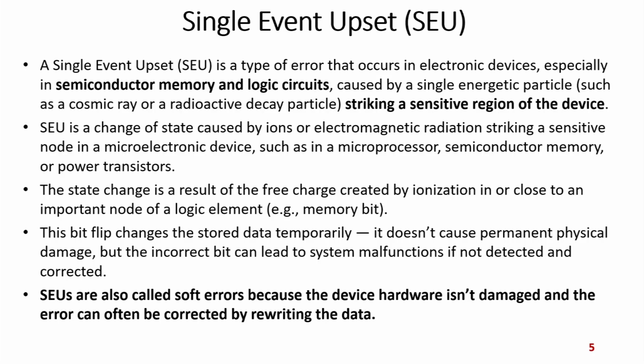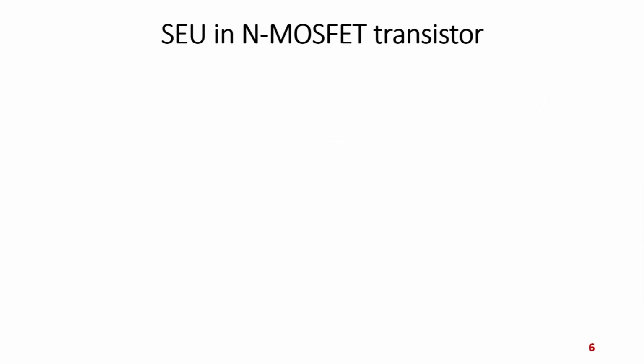You can correct the bit flip by uploading the command. That is why this type of upset, the single event upset, is also called a soft error, because the device hardware is not damaged here, and the error can often be corrected by rewriting the data.